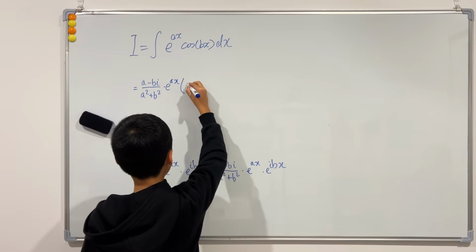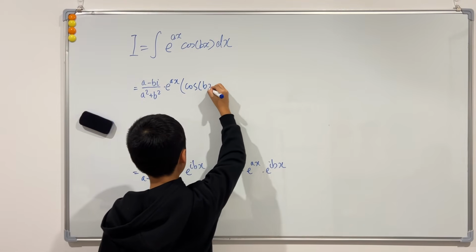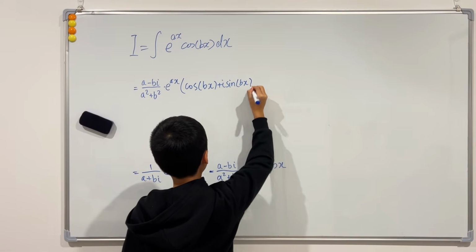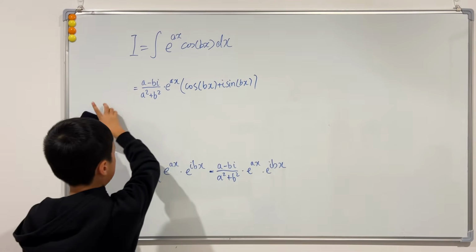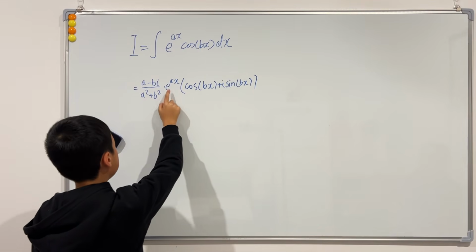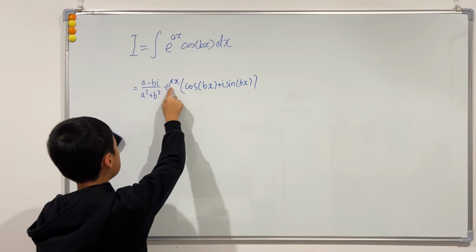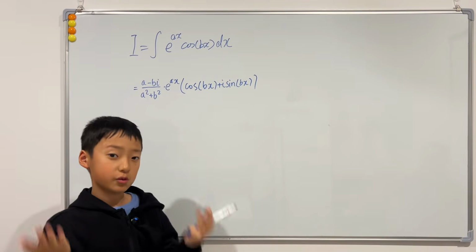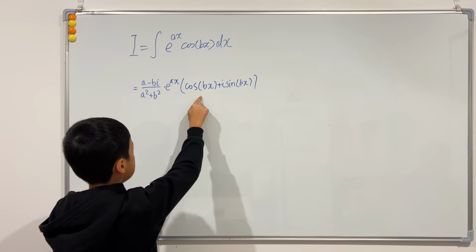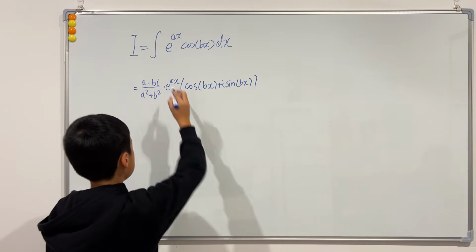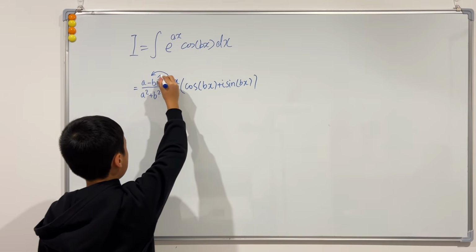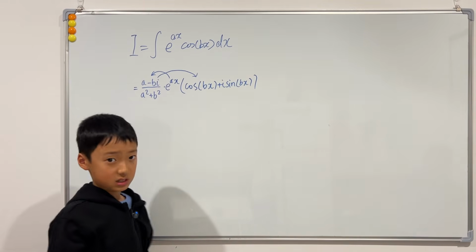This is just cosine of bx plus i sine of bx. Now, as we can see, this denominator is real and this is real. So we can put this and that into one group. And then we can multiply this thing by this. So I'm basically saying that we can put this to the numerator and we multiply this into this bracket.